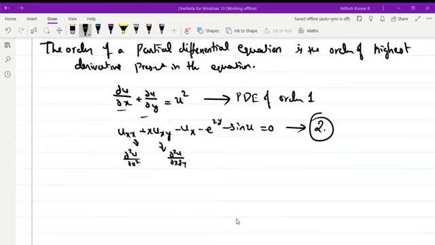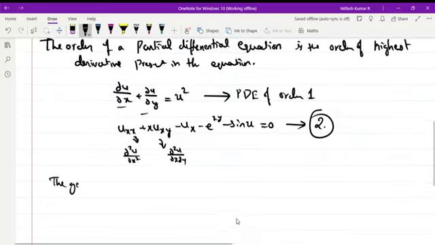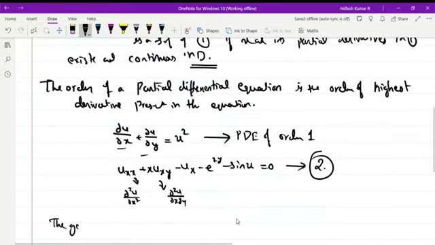This first order partial differential equation. So the general form we shall see here itself.